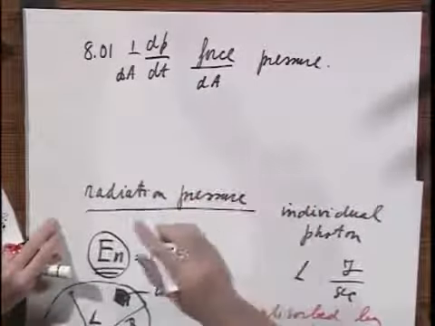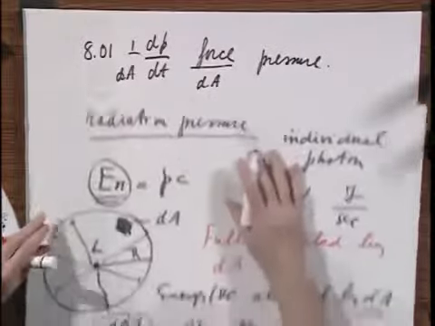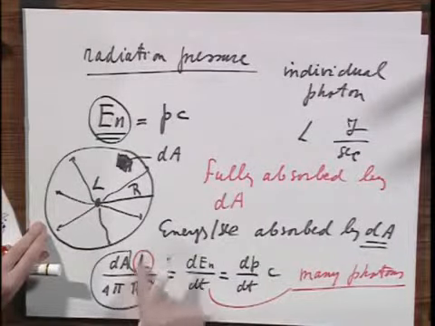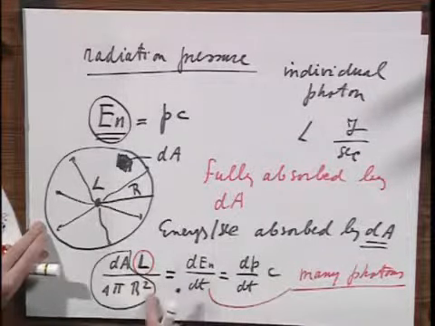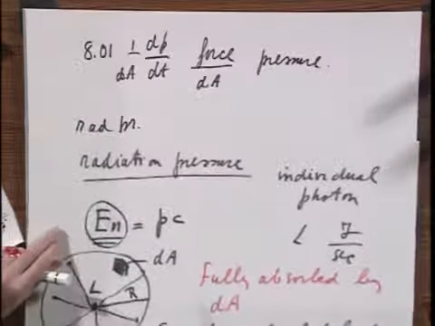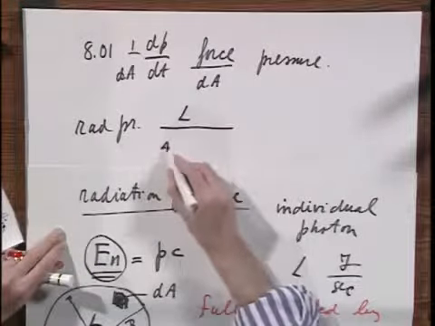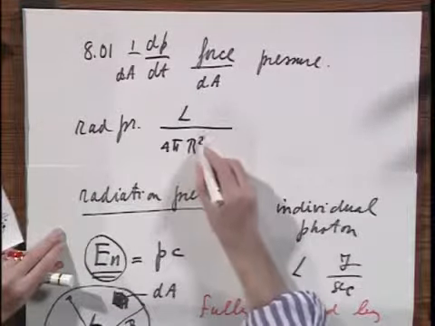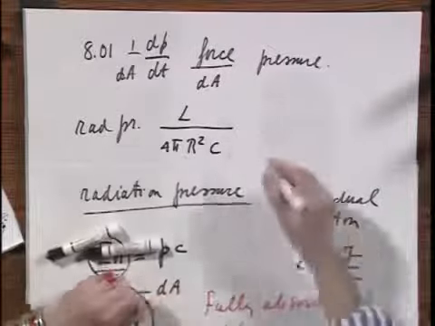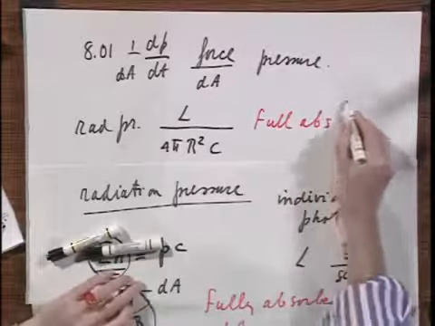And so you see here for the first time that the radiation pressure is simply this quantity divided by dA. I have to bring the c here, of course, because it is 1 over dA times dp/dt. And so the radiation pressure equals L divided by 4 pi r squared, divided by c. And this is the radiation pressure only in case the radiation is fully absorbed.